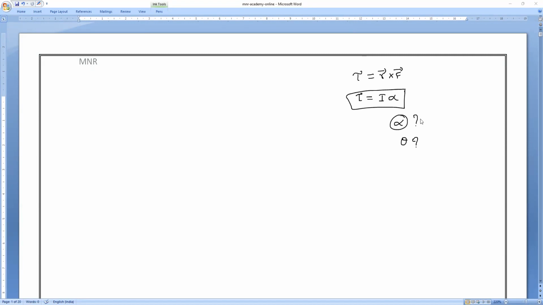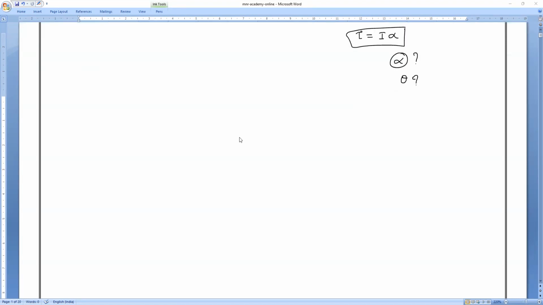So in today's class, what is our target? The next most important concept for JEE, and NEET also, that is hinge forces. Hinge, in the sense of the pivoted point.